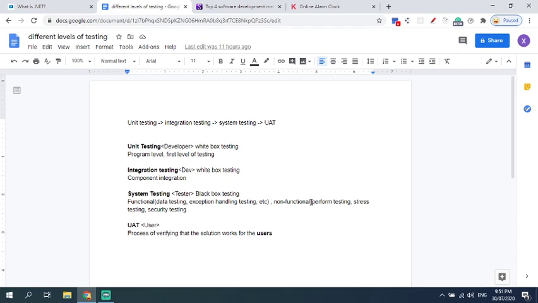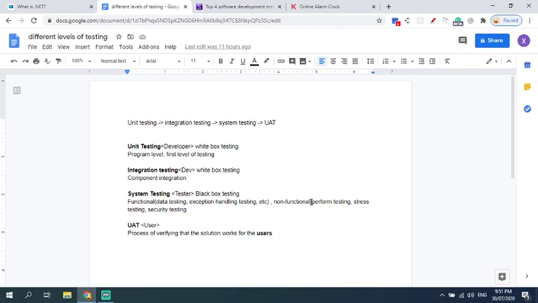Therefore testers will need to do a black box testing. So the software the tester is testing is like a black box. Testers don't know the mechanism of the software. So what testers will focus on is the input and the output of the software.